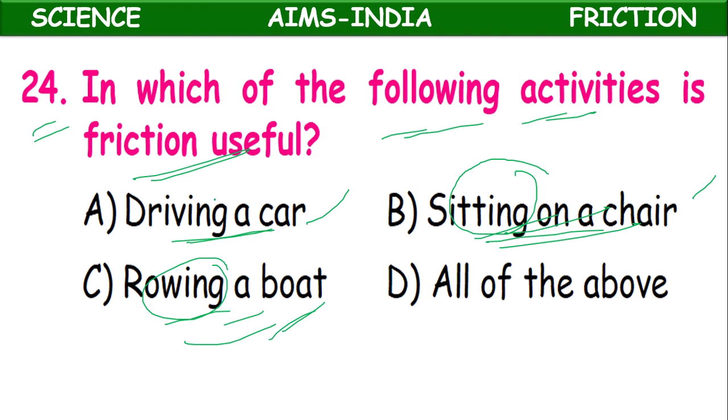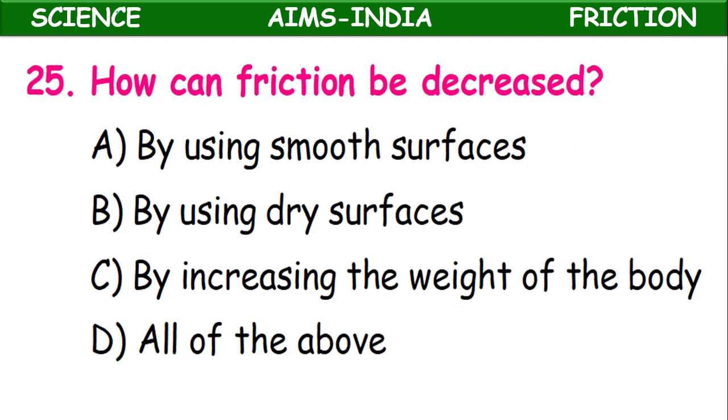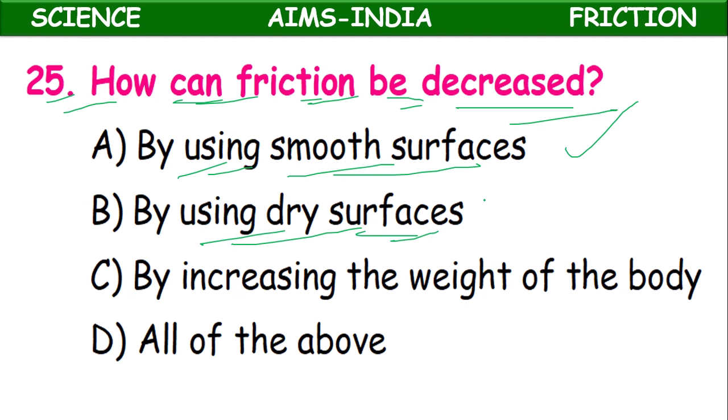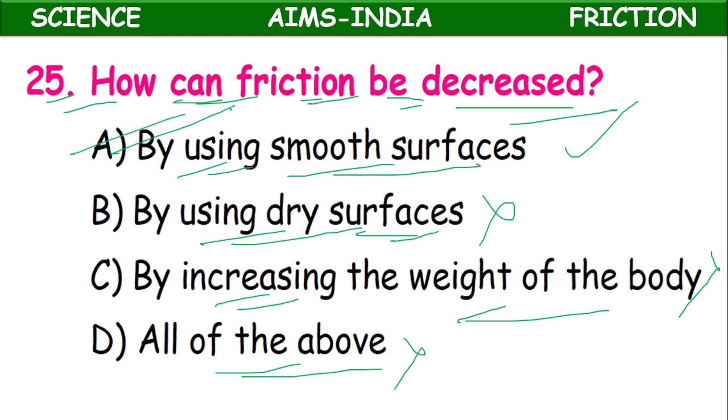So in all three cases, friction is useful. So all of the above. Next, how can friction be decreased? By using smooth surfaces, correct. By using dry surfaces, wrong. By increasing weight, wrong. All the above, wrong. Correct answer, A option.